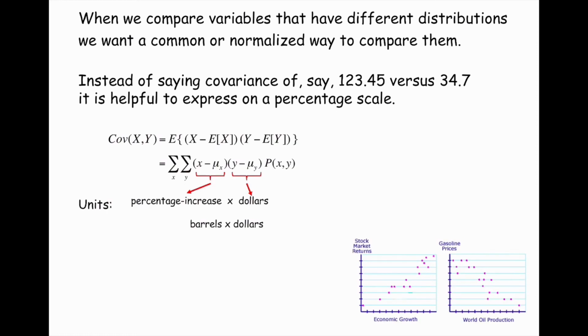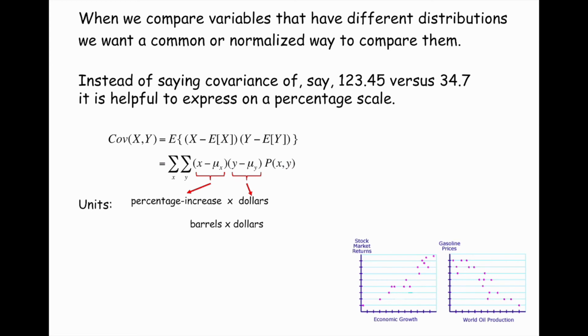Let's say you had economic growth versus stock market return. One variable, economic growth, would be a percentage increase. Say Apple had a 0.5% increase in iPhone sales. That's the economic growth. And on the other, the stock price increased by $2. Okay, wonderful. If you're looking at the covariance, you'd have percentage increase times dollars. What does that unit mean?